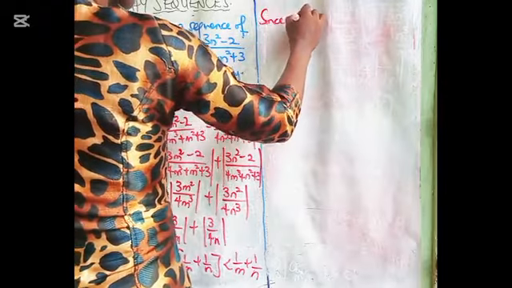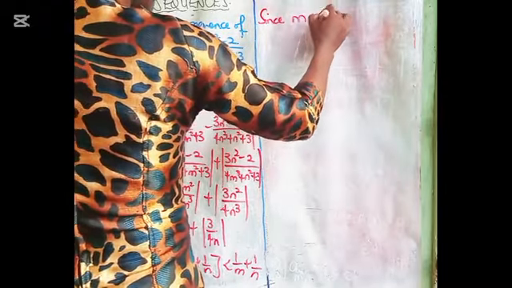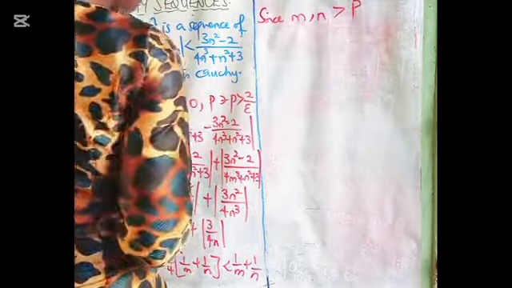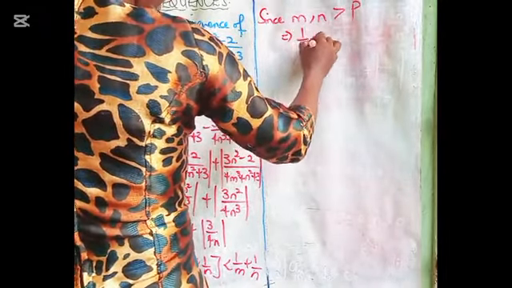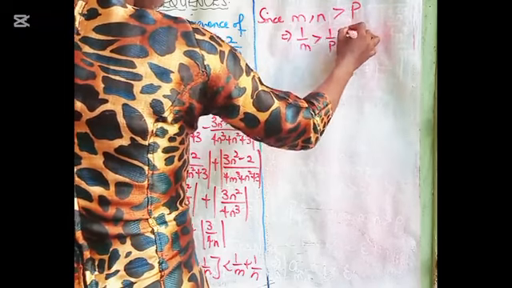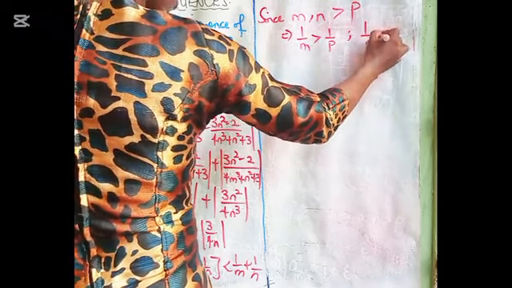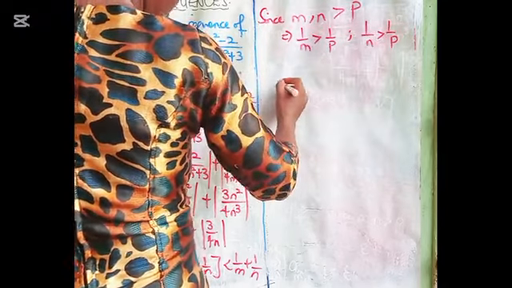And since m and n are greater than p from the definition, it means that 1 over m will be less than 1 over p, and 1 over n will be less than 1 over p.